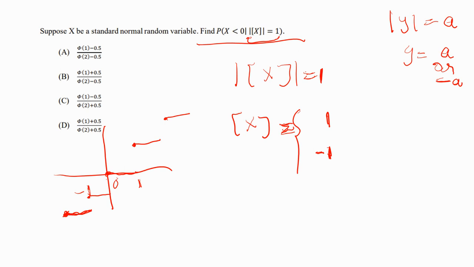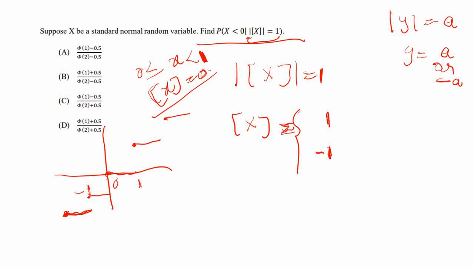So what is that? It means if x is any real number in between 0 and 1, okay, it can be 0 but not 1, then the greatest integer of x will be 0.